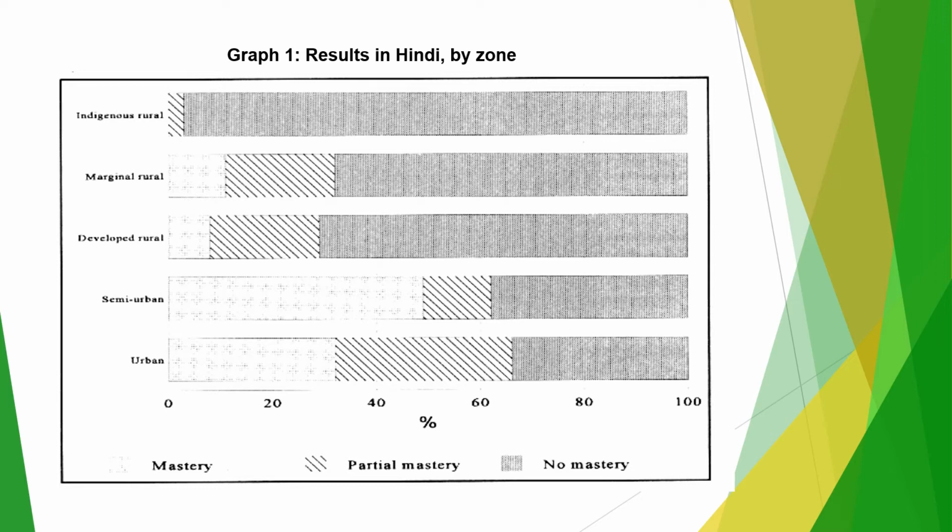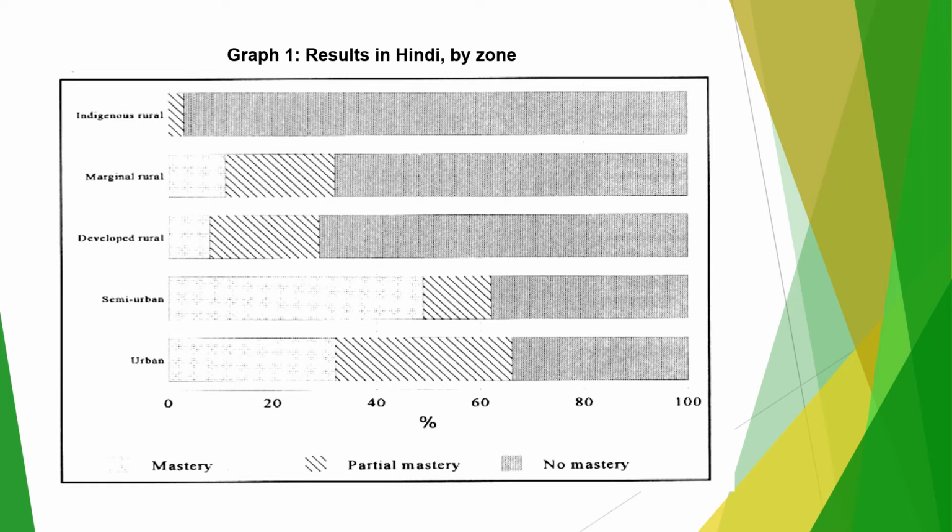The semi-urban zone, the developed rural zone, which is rural and therefore has less access to public services, but is quite developed, the marginal rural zone, and finally the indigenous rural zone, which to a large extent had very little access to public services, and where the poverty rates were very high.